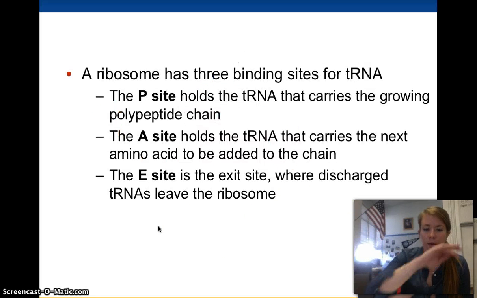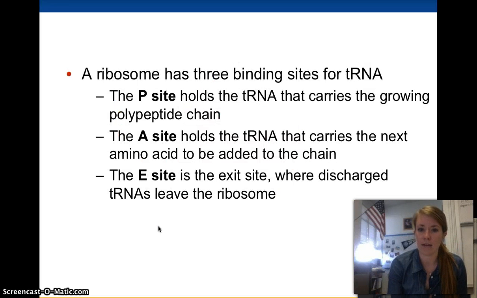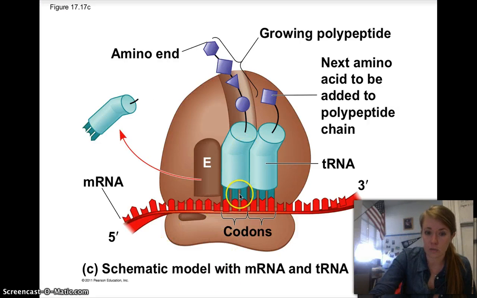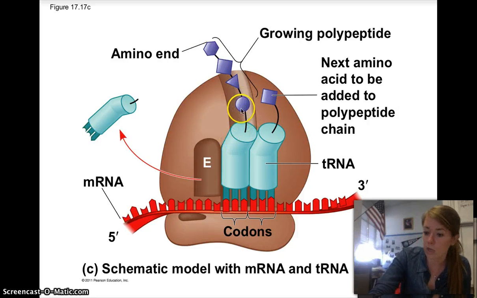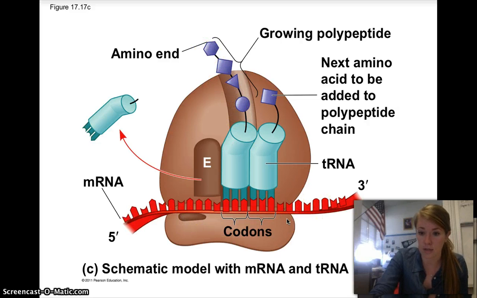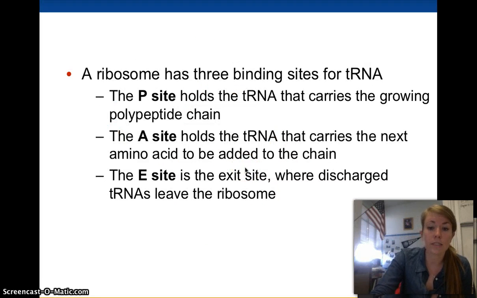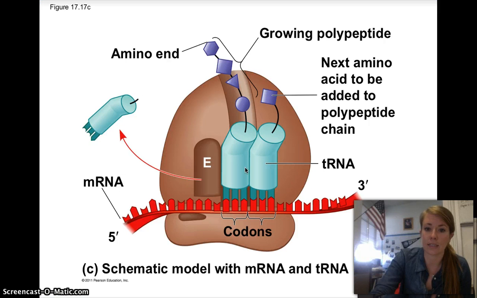So the P site holds the tRNA that carries the growing polypeptide chain. So here, the tRNA is attached to the entire polypeptide chain. So it has here its own amino acid that it always carries, and the rest of them for this entire growing polypeptide from the mRNA instructions. That's the P site in the middle. The A site holds a tRNA that carries the next amino acid to be added to the chain. So whatever the next codon reads, that tRNA comes in, and it hasn't started interacting yet, but it will in just a minute.